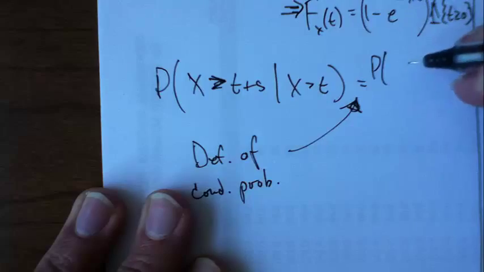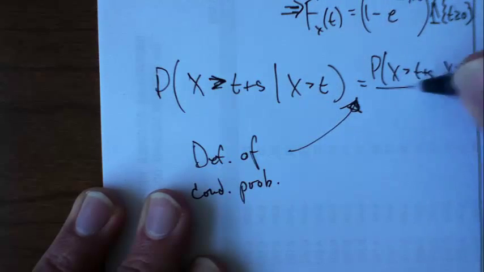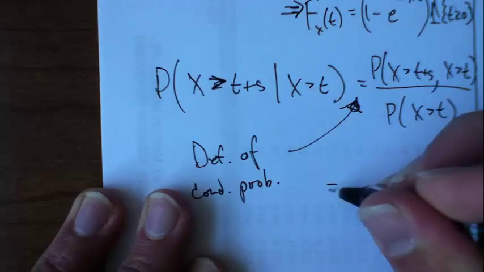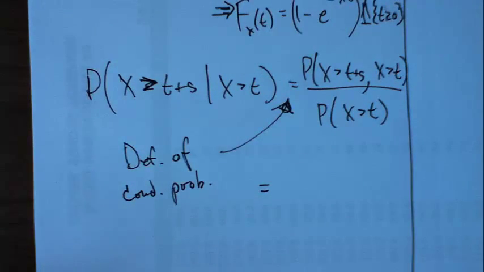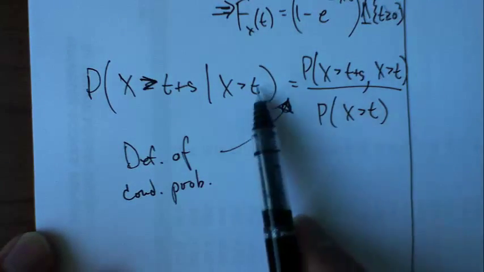It's the chance that X exceeds t plus s and X exceeds t, over the chance that X exceeds t. It's the chance of A and B over the chance of B.